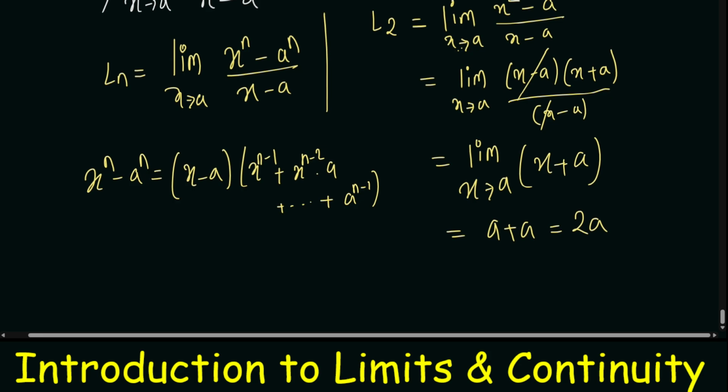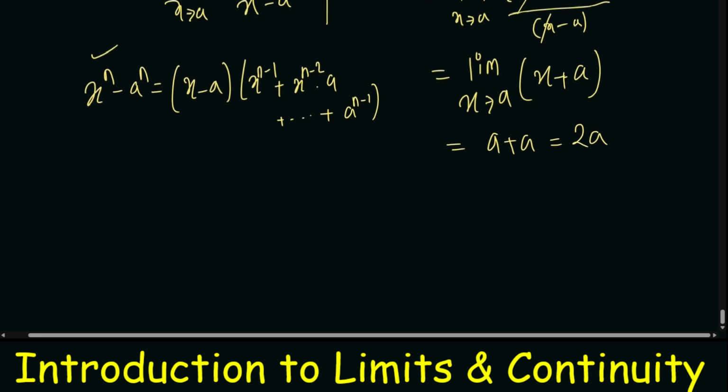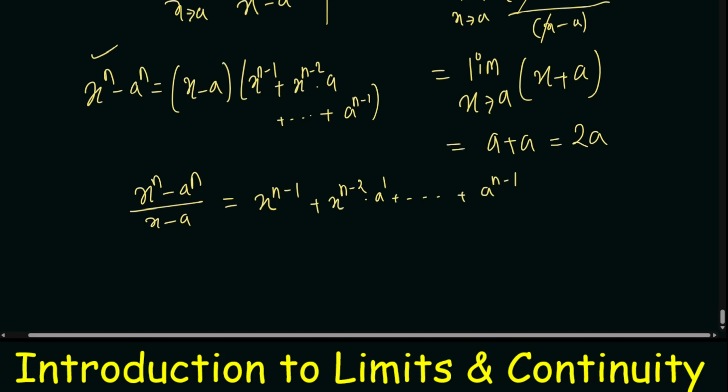This is the factorization, and this is called the factorization theorem. From this theorem, you can see that x to the power n minus a to the power n by x minus a is simply x to the power n minus 1 plus x to the power n minus 2 into a to the power 1, and all the way up to a to the power n minus 1.